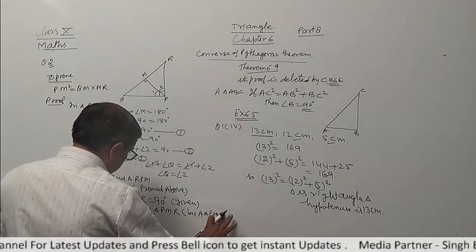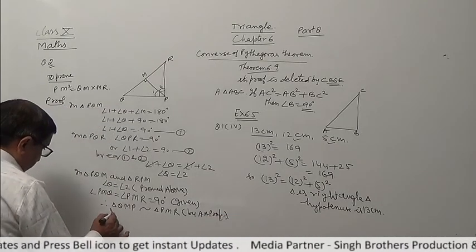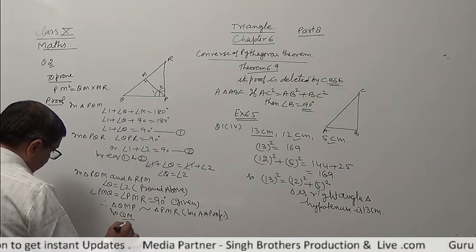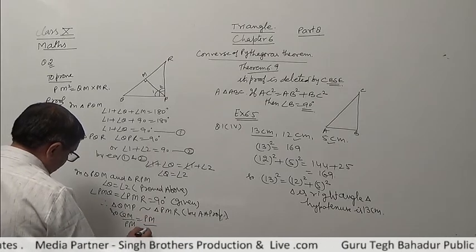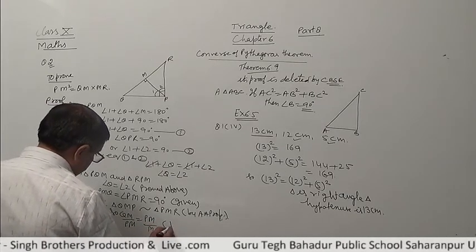So QM upon PM is equal to PM upon MR by CPST.